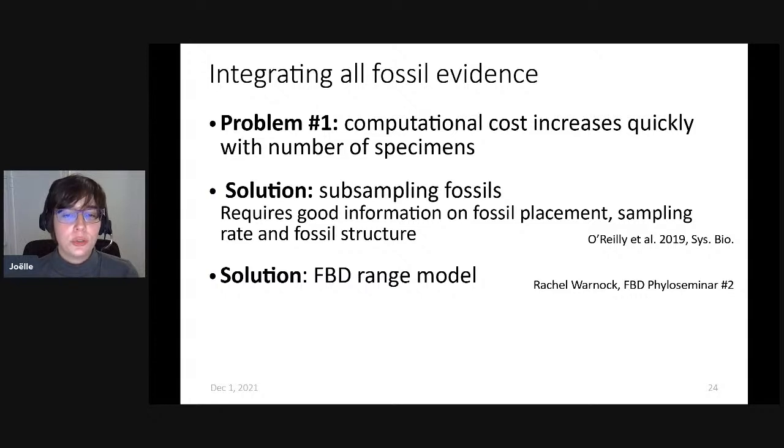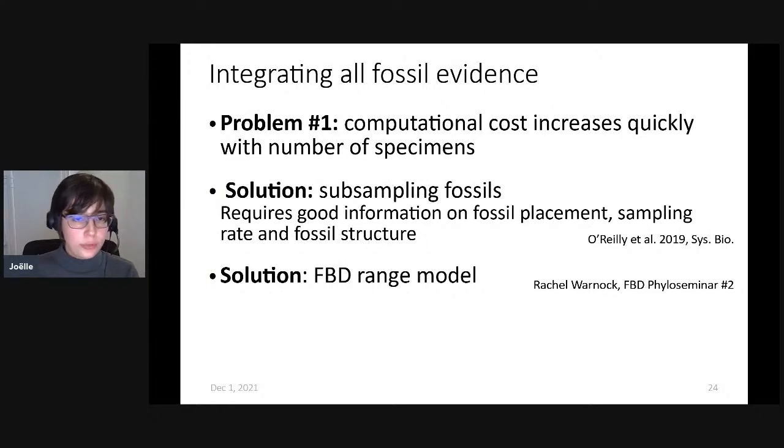So I invite you to go look at that if you want to know more. But by integrating all fossils as stratigraphic ranges, so assigning fossils to species and then considering only the species, you can reduce the cost of running an analysis pretty significantly. And she's shown in her philo seminar that the performance is indeed a lot better when using the FBD range model.